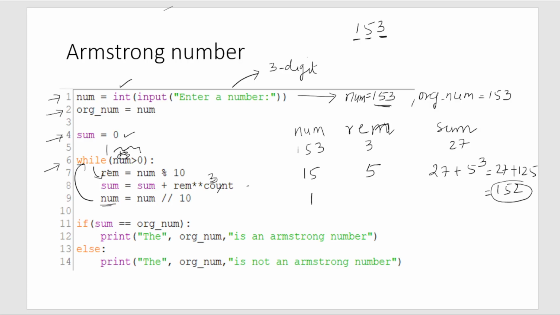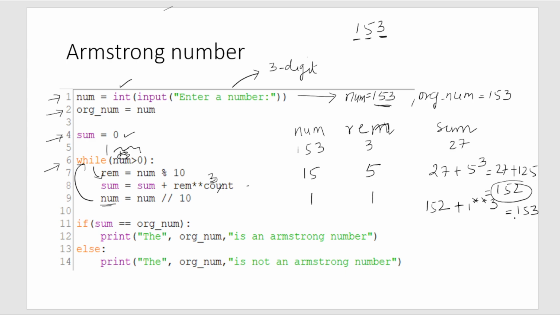Now again it goes up. 1 is more than 0, again true, so it comes down here. 1 modulus 10, the remainder becomes 1, right? Now the sum value was 152 plus 1 star 3, that comes to be 153.